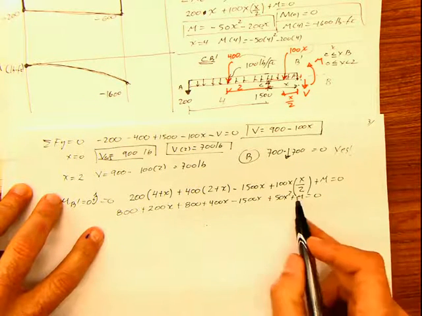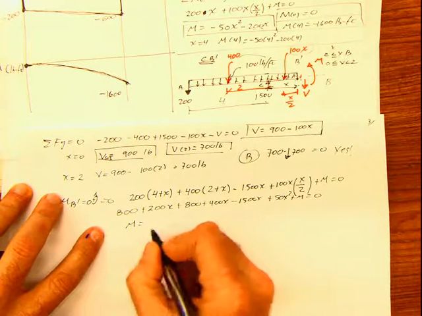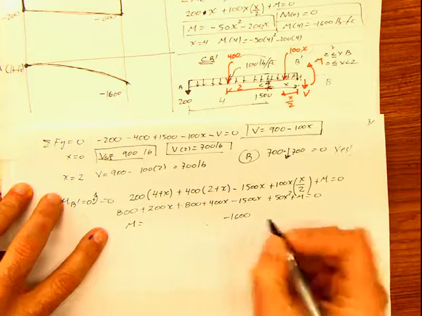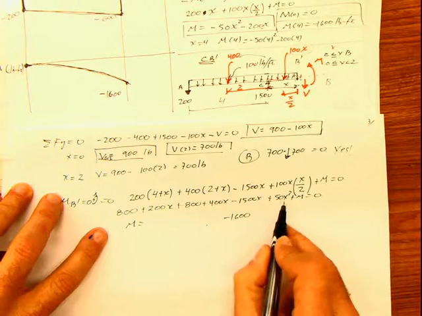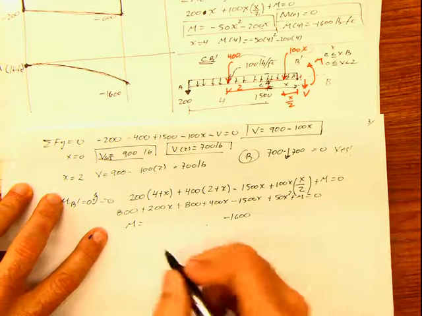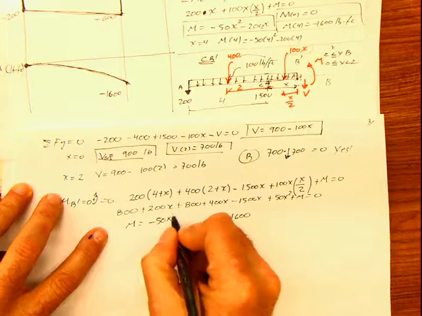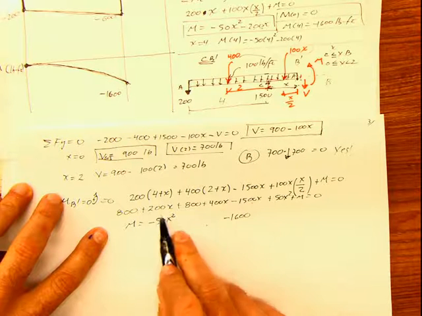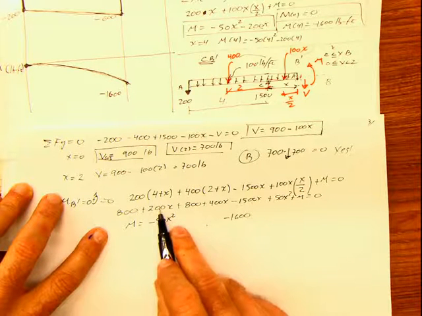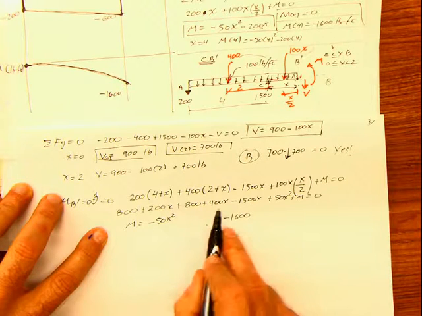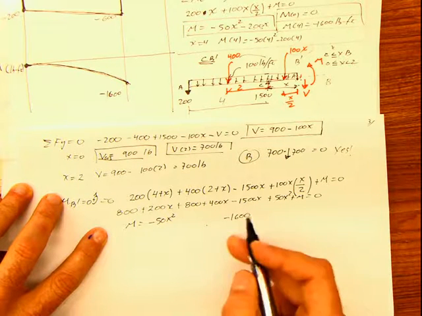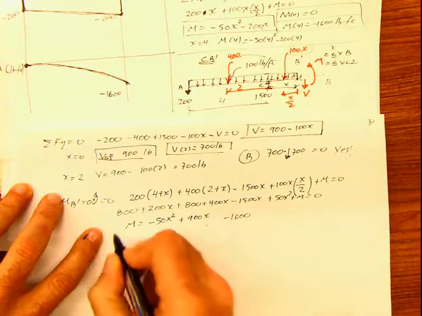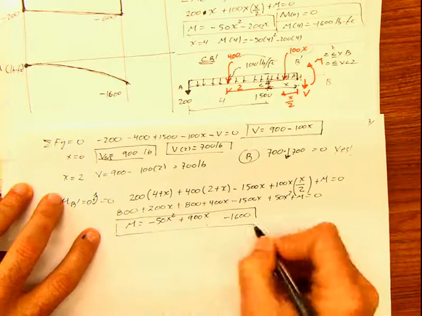Positive, pass it to the other side, it's going to be negative, so moment is going to be equal to negative 1600. This 50x squared is going to pass to the other side also, negative 50x squared. And then we have negative 1500x, and then I have here 200x, 400x is 600, negative 1500 is going to be negative 900, pass it to the other side, it's going to be positive. And then you have your equation for the moment in that span.